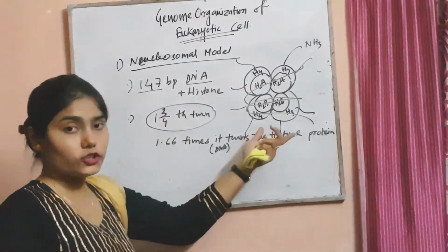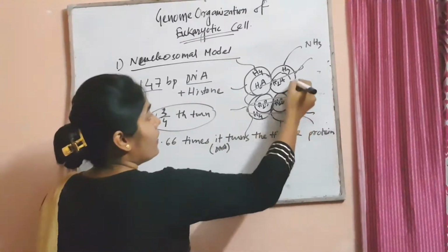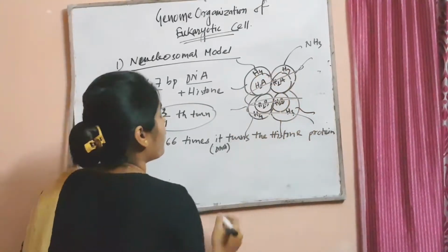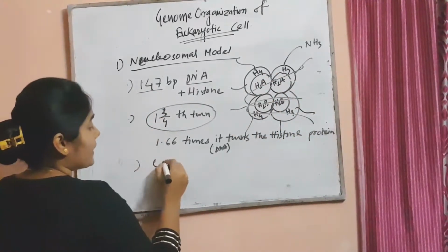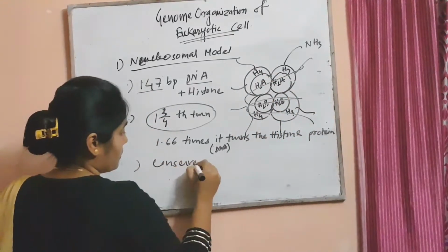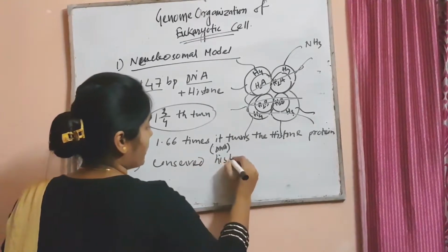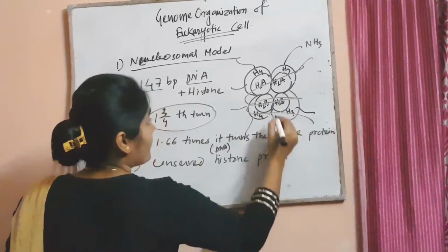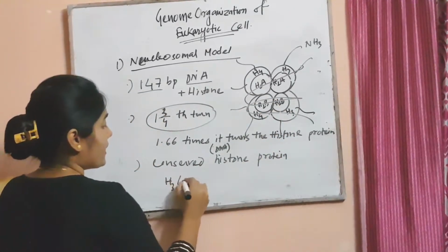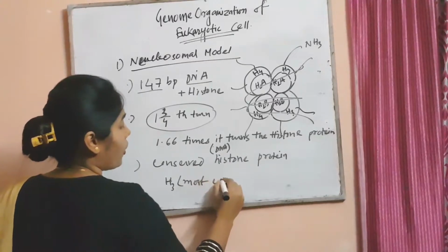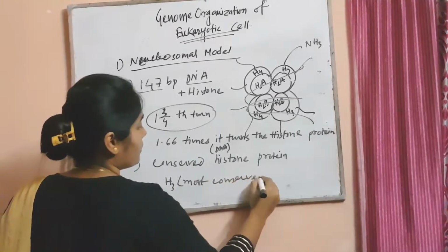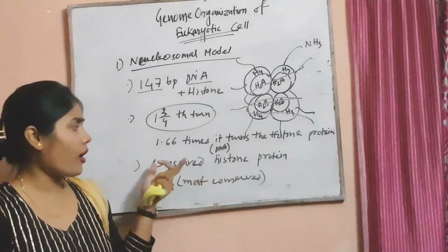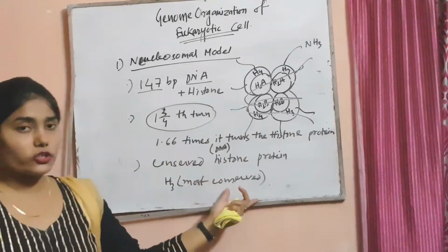And here the histone proteins, which are H2A, H2B, H3, H4, are all very conserved histone proteins, where histone 3 is the most conserved. All are conserved, but histone 3 is the most conserved.